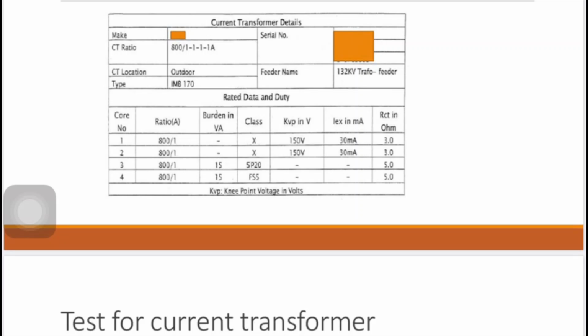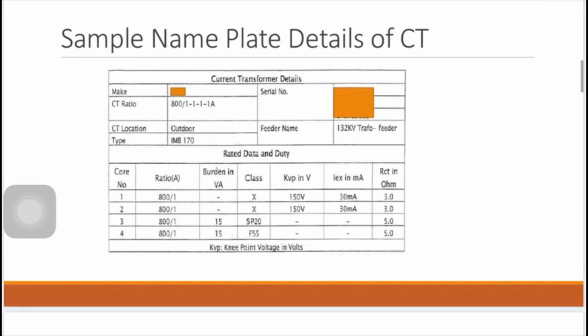The fourth one is the metering class, used for metering purposes. The X stands for PS class. Some countries use PS, some countries use X. And this is the general nameplate detail of a current transformer.